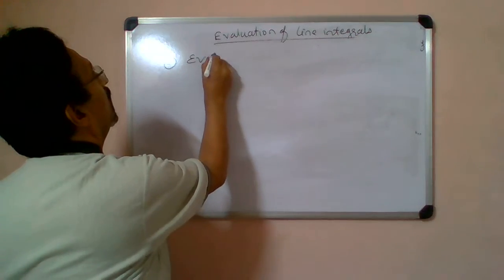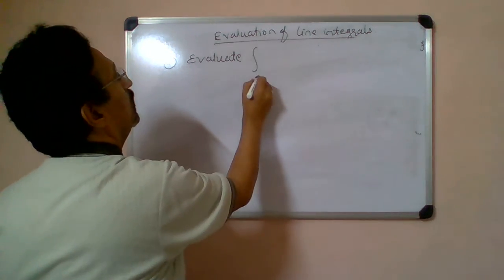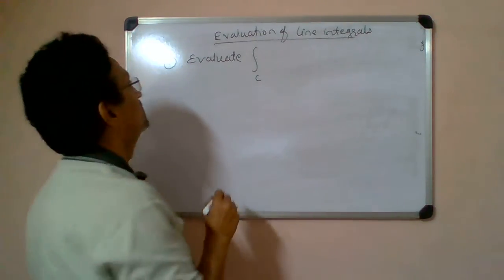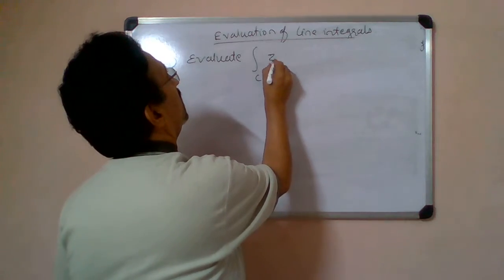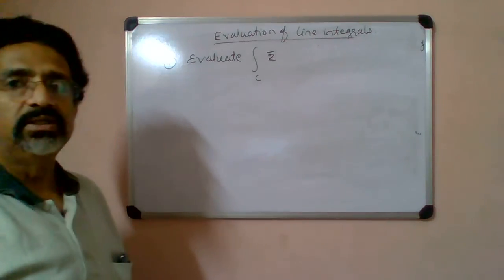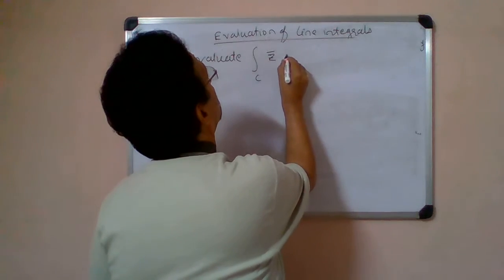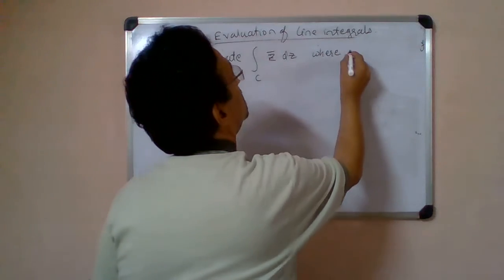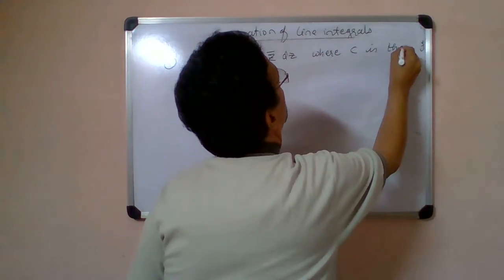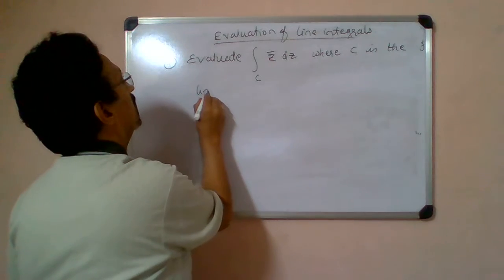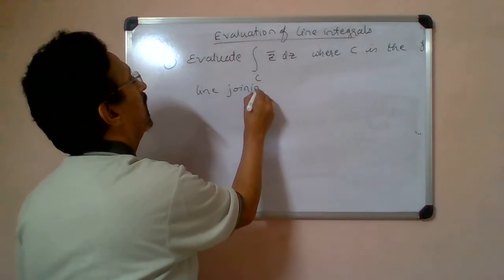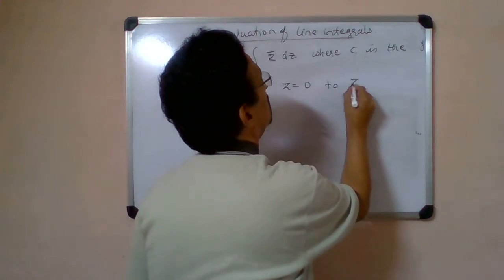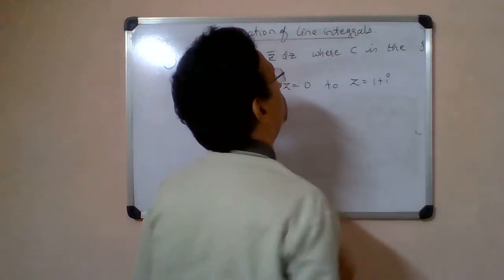Evaluate the integral over C of the simple function z bar dz, where C is the line joining z equal to 0 to z equal to 1 plus i.